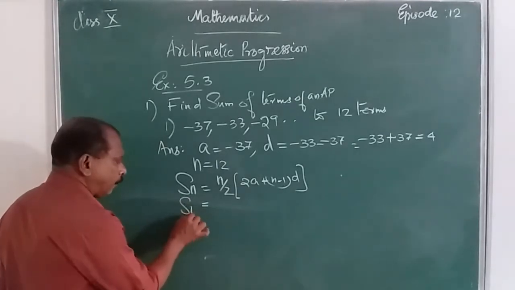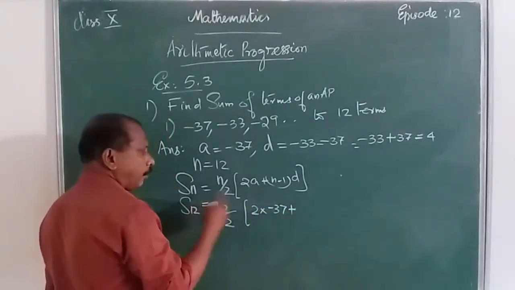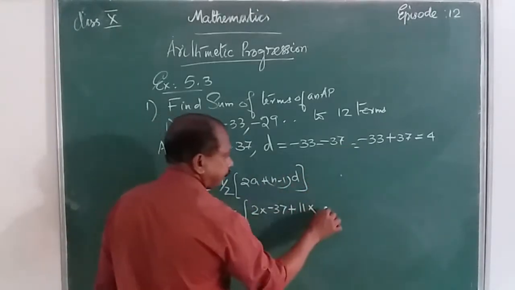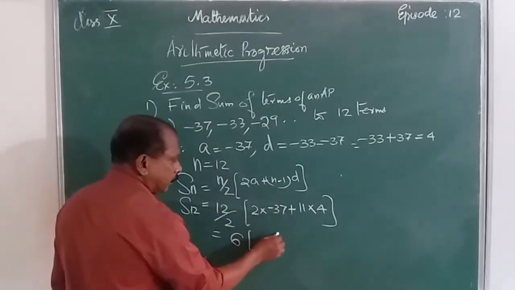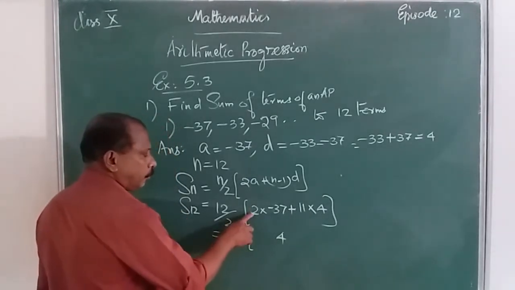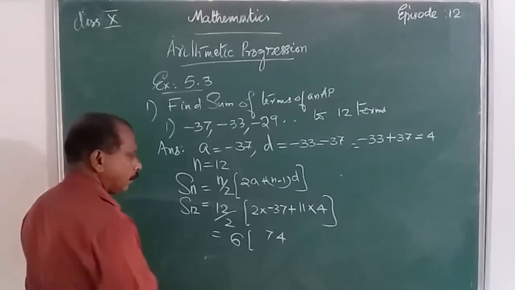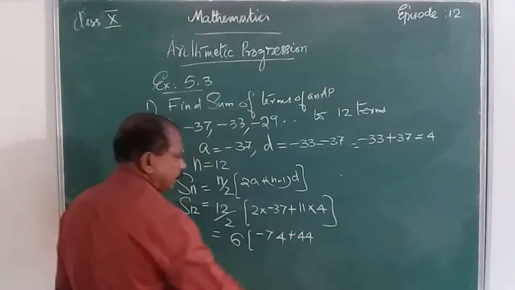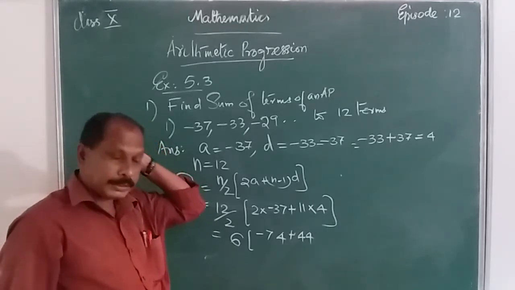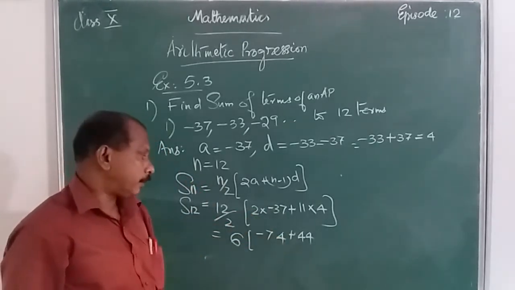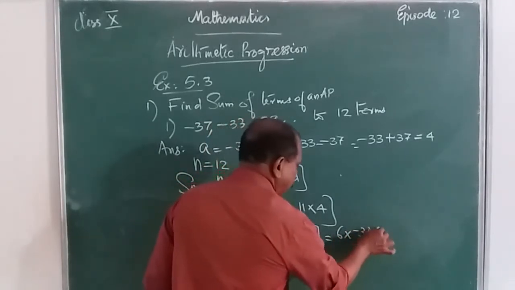So S12 = 12/2 [2 x (-37) + (12 - 1) x 4]. 12 by 2 is 6. 2 into -37 is -74, and 11 into 4 is 44. So it is -74 + 44, that is -30. Then 6 into -30 is -180.